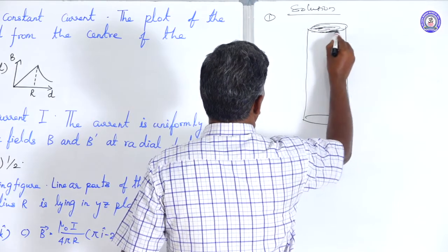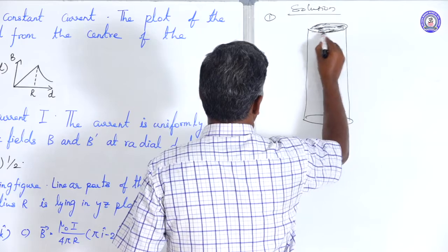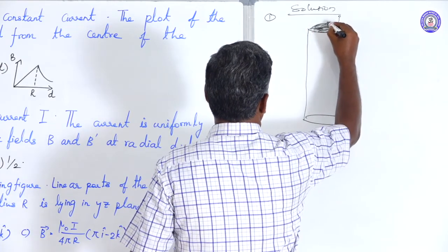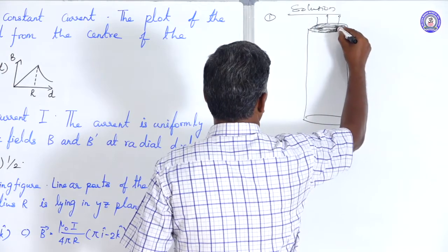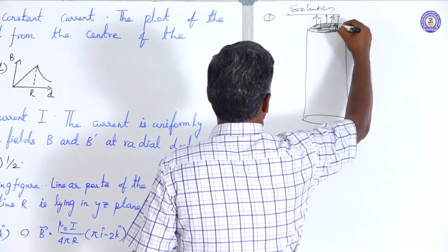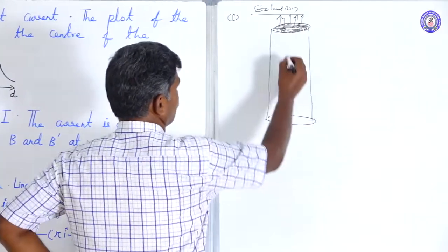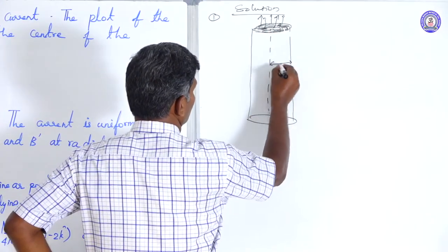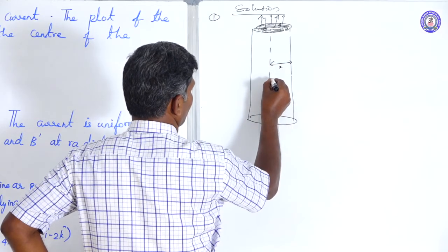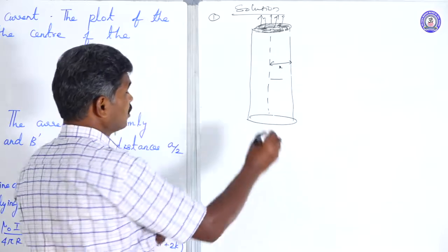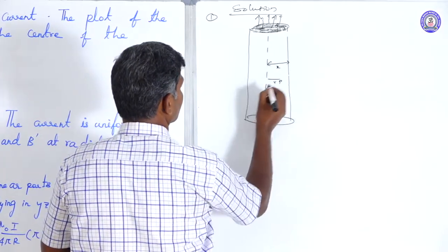Inside it, charges can also flow, so the current is represented both inner and outer. If the radius is r, I take a certain small distance r inside, point P.